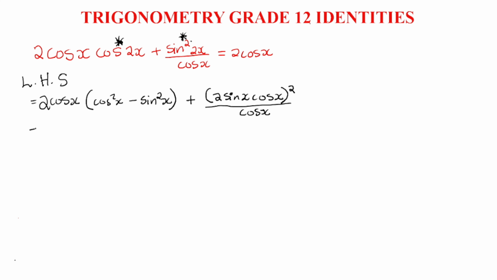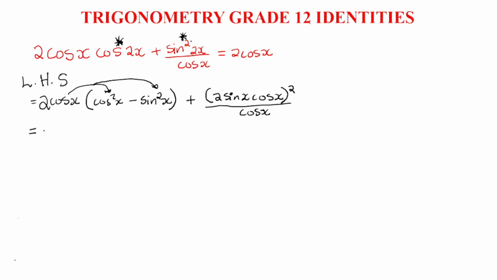Right, here we go. What we can do now is remove the brackets on everything that is here. We're going to multiply, do the binomial here. We're going to say 2 cos x multiplied by cos squared x, and then 2 cos x multiplied by negative sine squared x. All right, great.